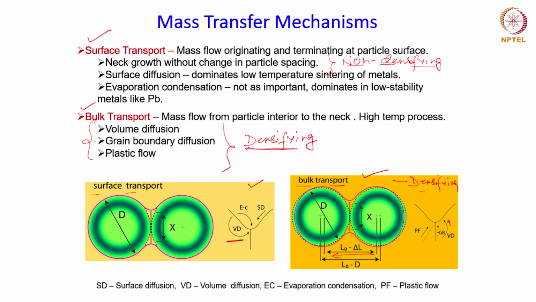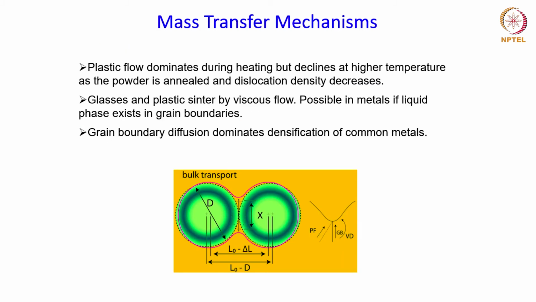Grain boundary, as the name suggests, occurs across the grain boundary, and the material flows through the grain boundary towards the neck for the neck to grow. And plastic flow dominates during heating, but it declines at higher temperature as the powder is annealed and the dislocation density decreases.